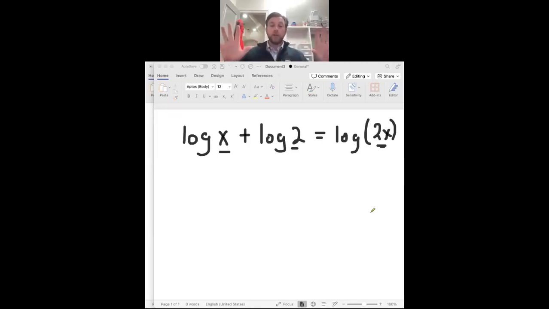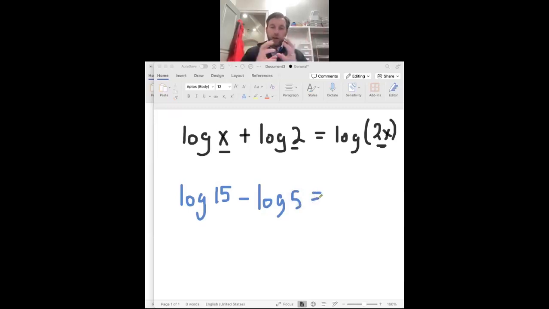When you're adding 2 logs of the same base, you can join them together and multiply the inside parts. Similarly, let's suppose you're subtracting log of 15 minus log of 5.